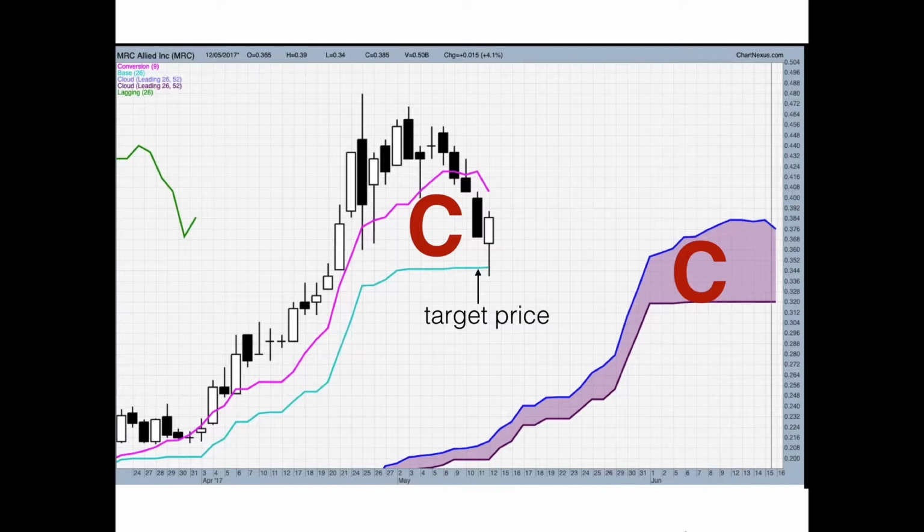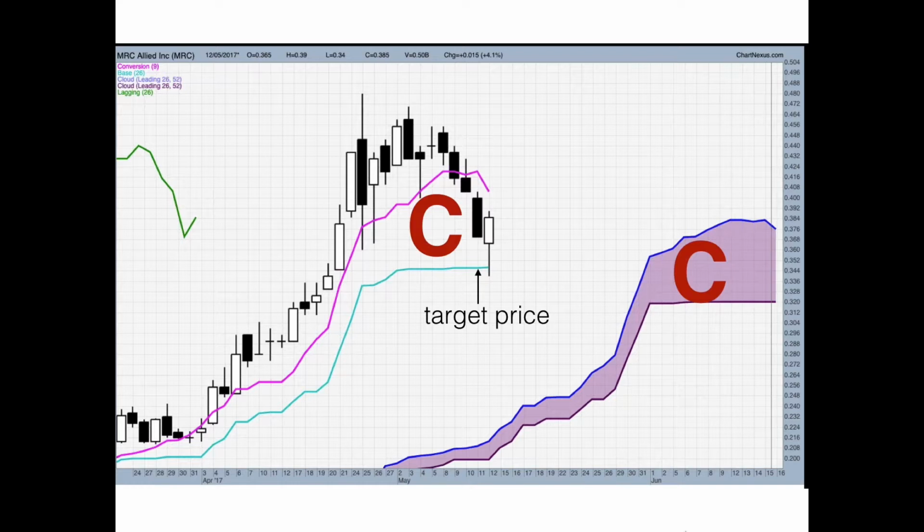Here's an example. After a strong run, the Kijun-sen and the Tenkan-sen will have a tendency to move away from each other. This means that there's a large difference between the 9-day and the 26-day equilibrium.